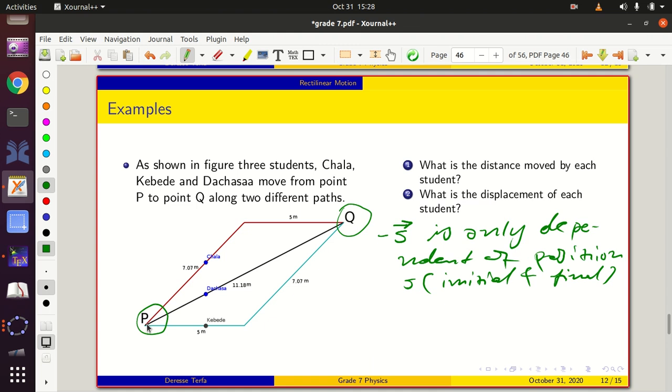Therefore, the initial position is P and the final position is Q for each student.